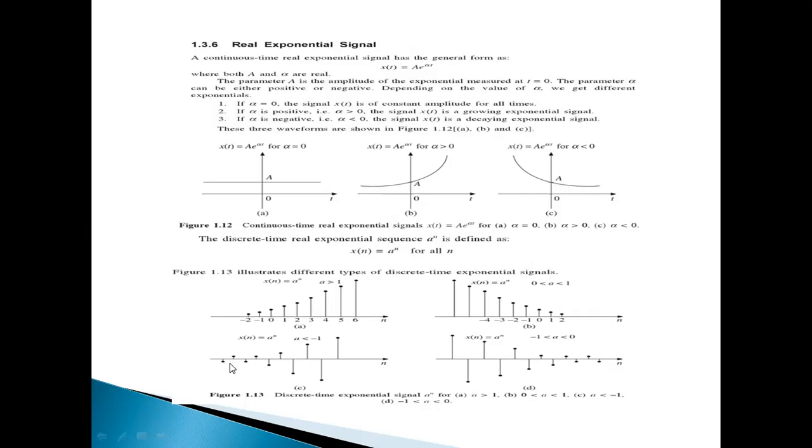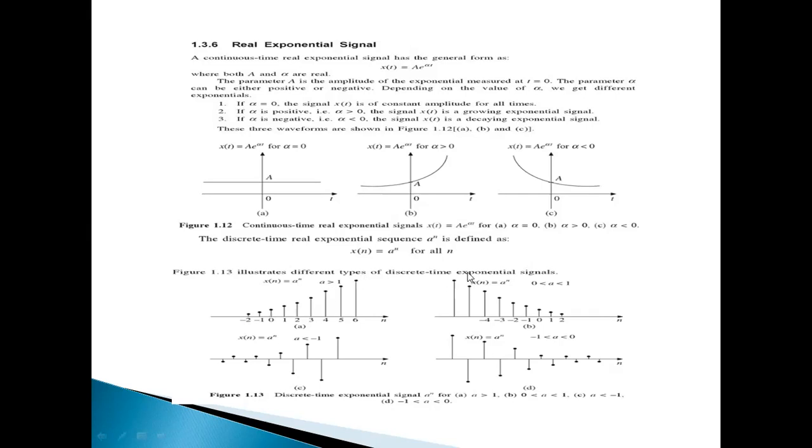Okay. And coming to another representation of x of n equal to a power n, a is less than minus 1. Take a less than minus 1, meaning minus 2, minus 3, minus 4, and so on. Substitute: minus 2 whole power n, minus 3 whole power n, minus 4 whole power n, and so on.